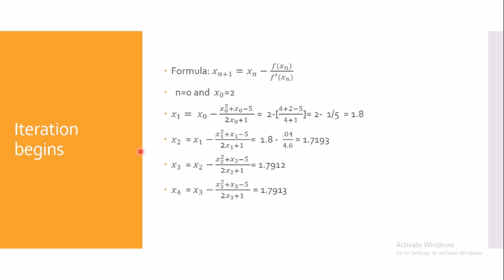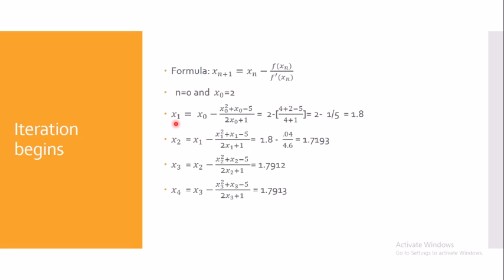Now you have to find out the next root, that is x2. So the next iteration, that is the second iteration, is x2 = x1 − f(x1) divided by f'(x1). Now you have to substitute the values for x1.